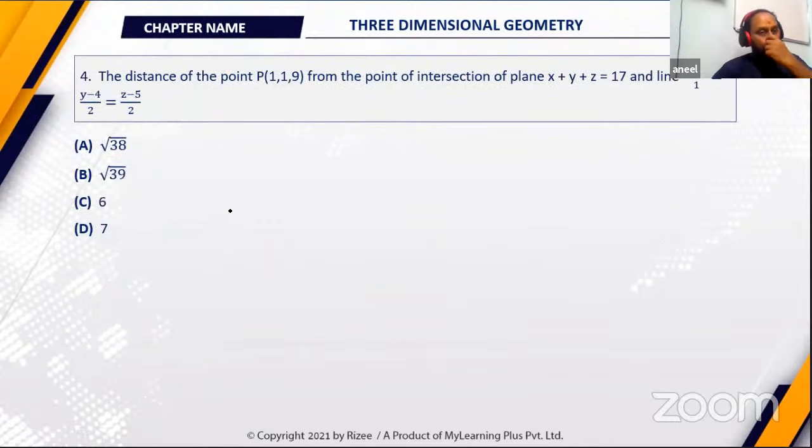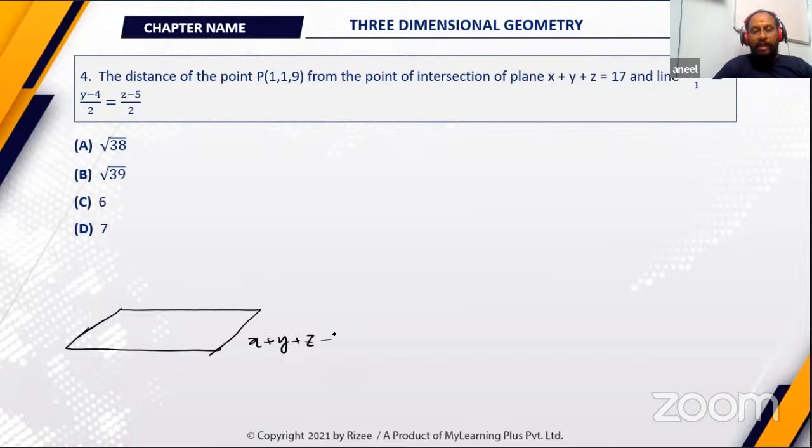Coming on to this. Distance of the point P from the point of intersection of the plane and a line. There is a plane like this. The plane is given as x plus y plus z minus 17 is equal to 0.